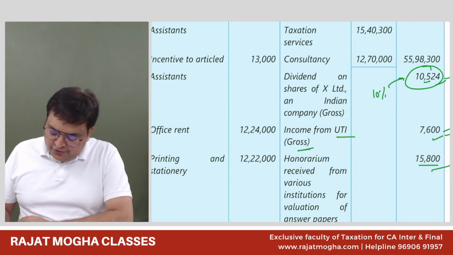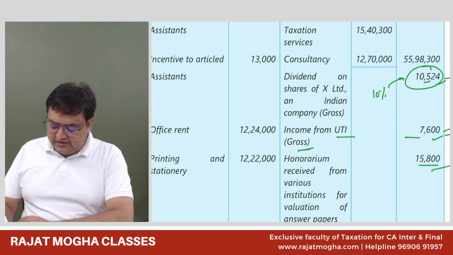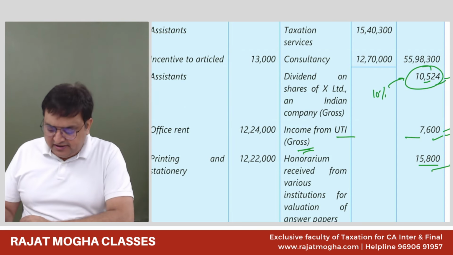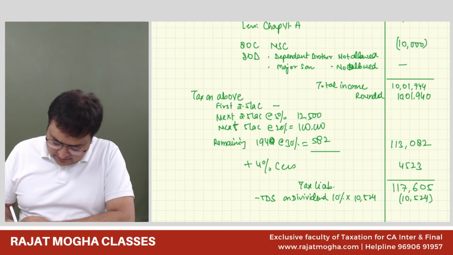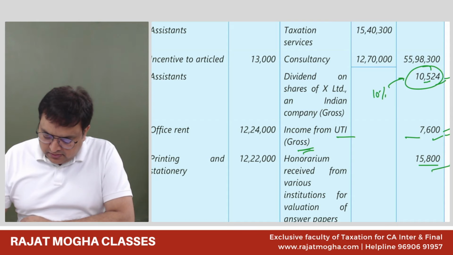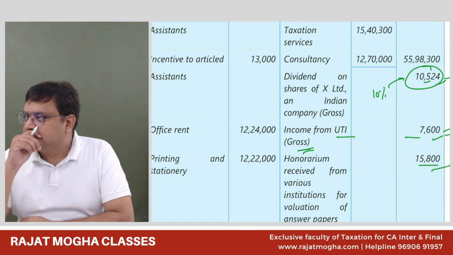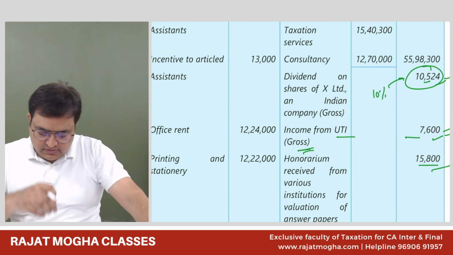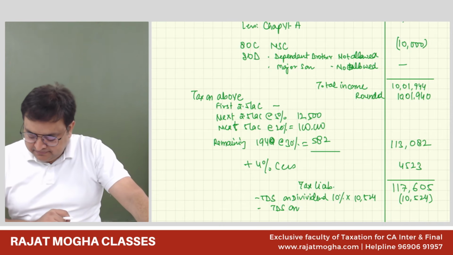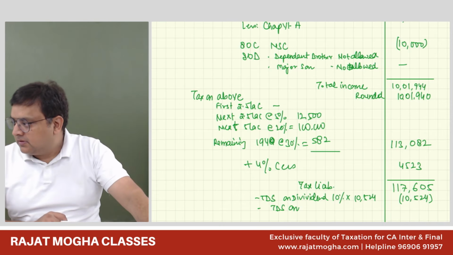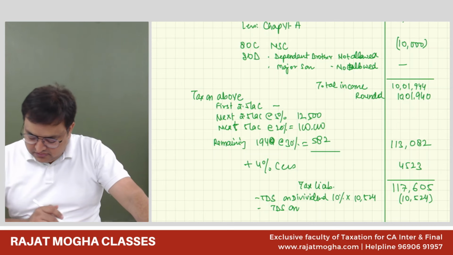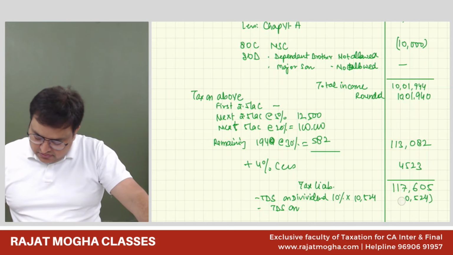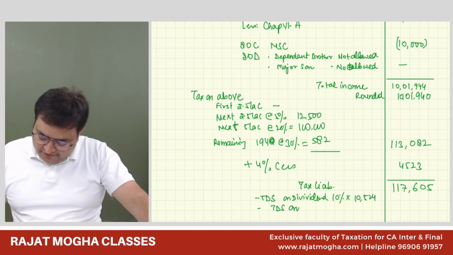And then income from UTI, 7,600, is also a gross amount. It says that there is some TDS deducted. 10% on 10,524 is 1,052.